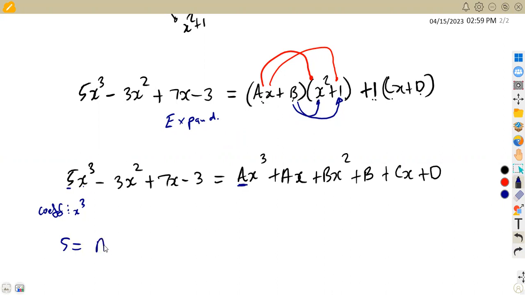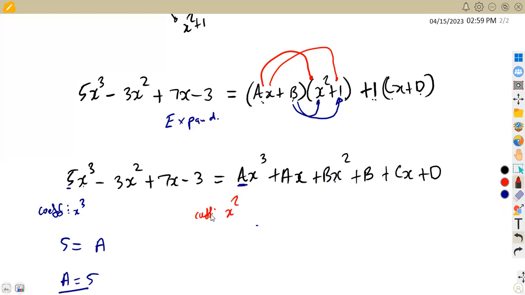It's just this one only; we do not have another term with x^3. So a is equal to 5. All right, we move on to the other part. This time we are going to equate the coefficients of x^2.